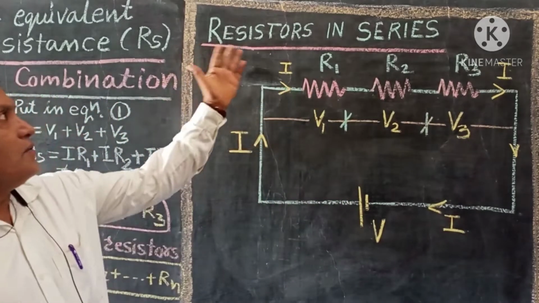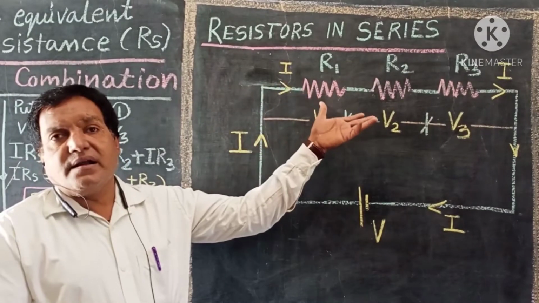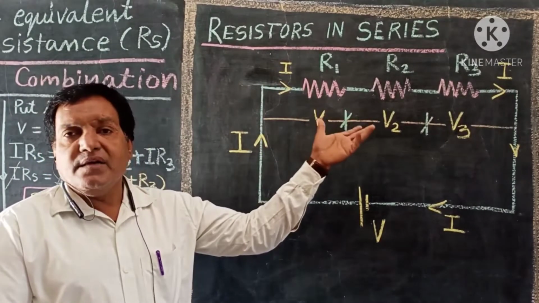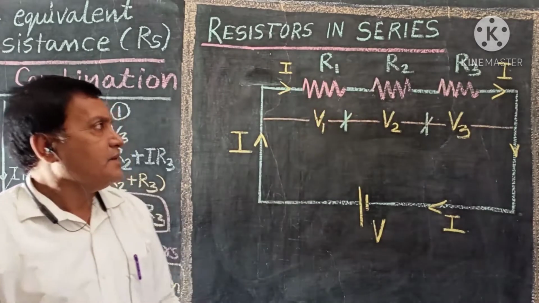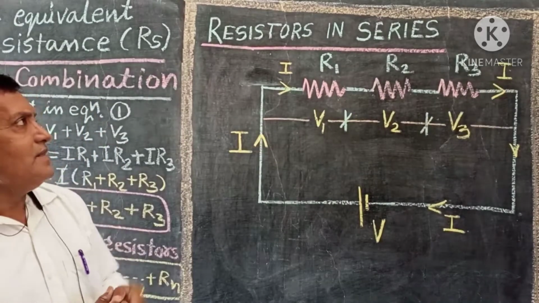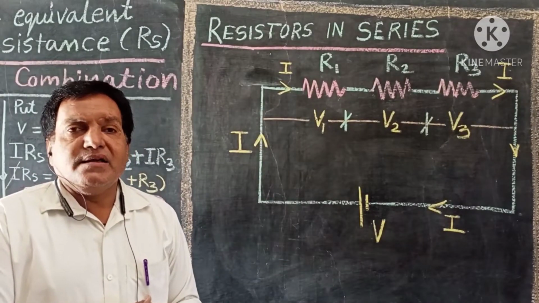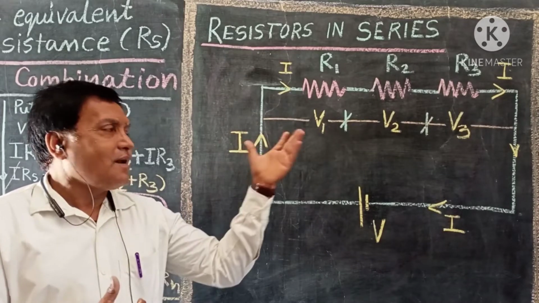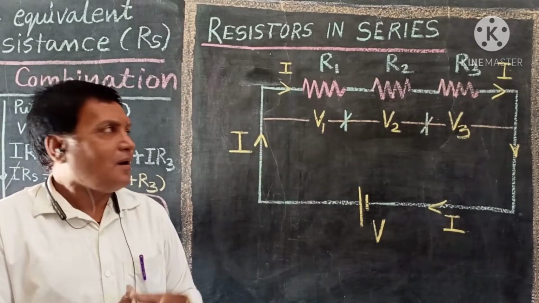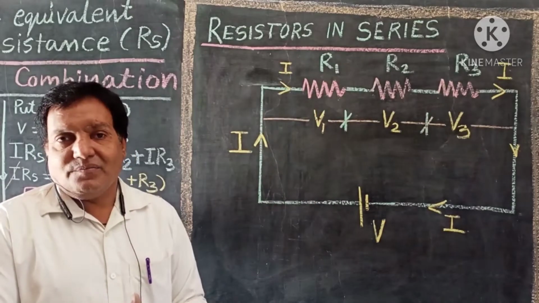So today we have to discuss how the resistors are connected in series, or when we can say that the resistors are connected in series. First we will see the statement: if the resistors are connected one after another or back to back, just like a chain.